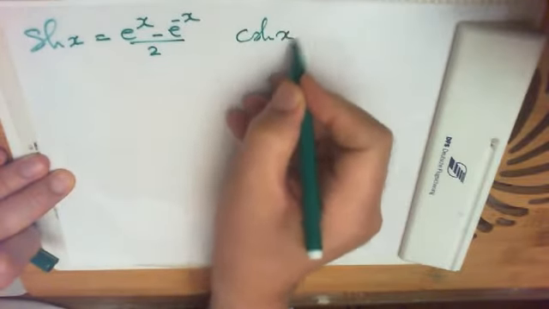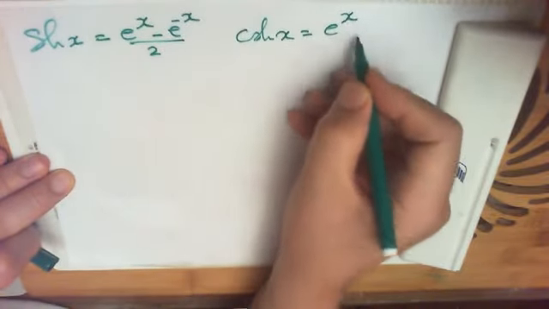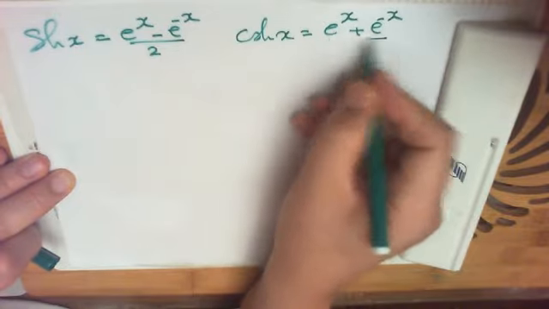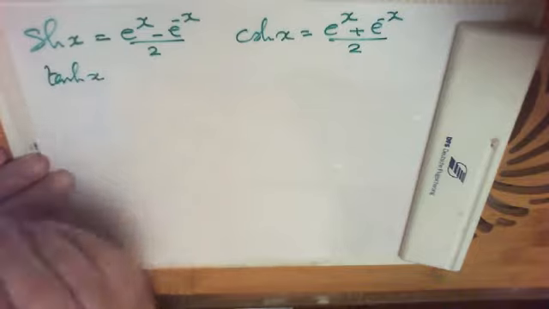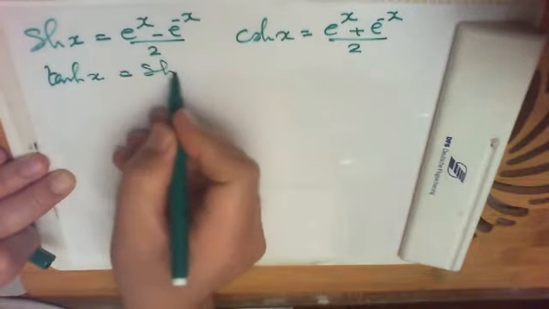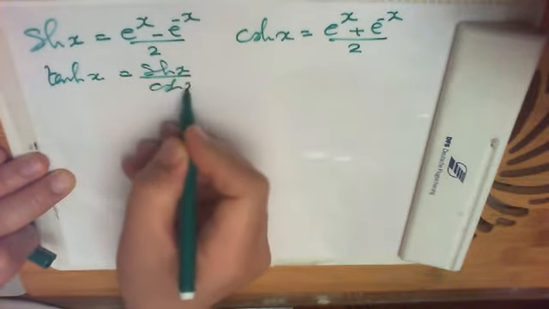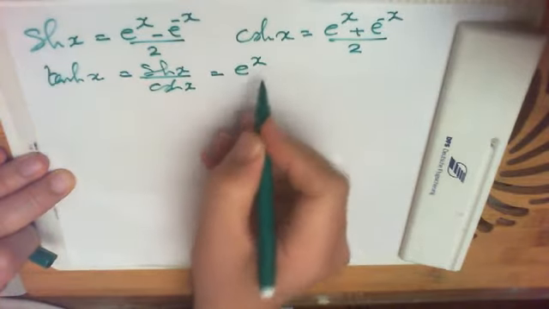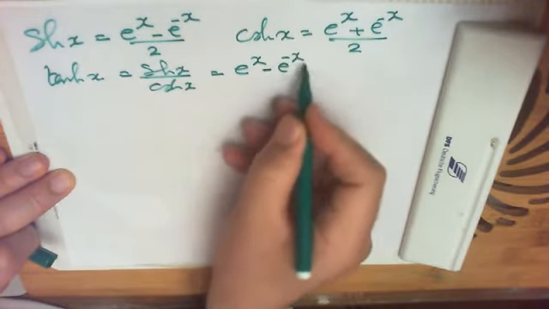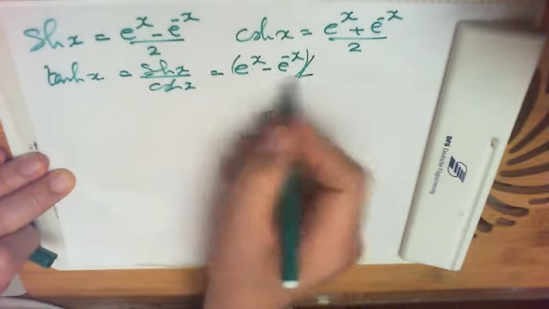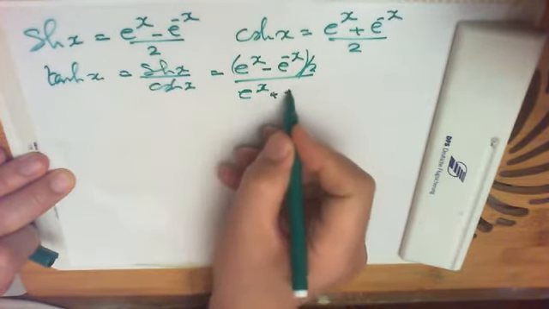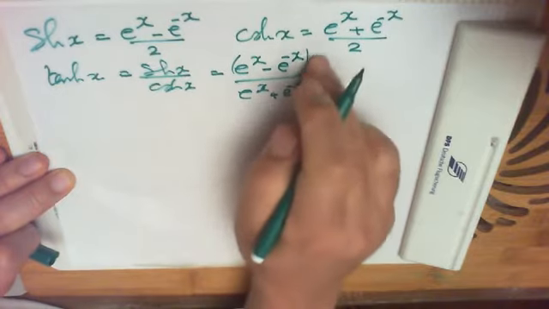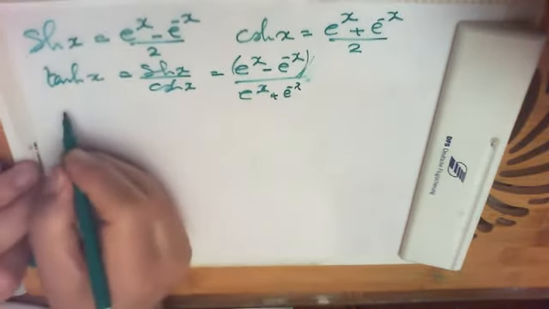Cosh x equals e to x plus e to minus x divided by 2. Tanh x equals sinh x over cosh x, which is e to x minus e to minus x divided by 2, and in the denominator e to x plus e to minus x divided by 2, the 2 cancels each other.